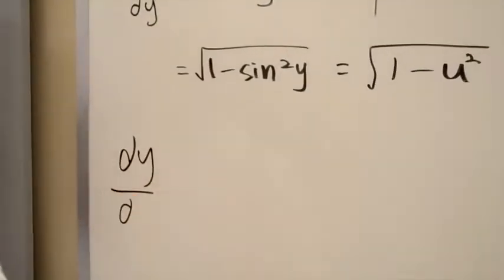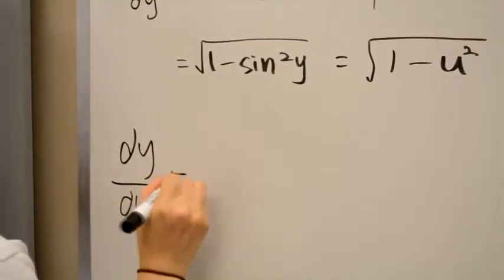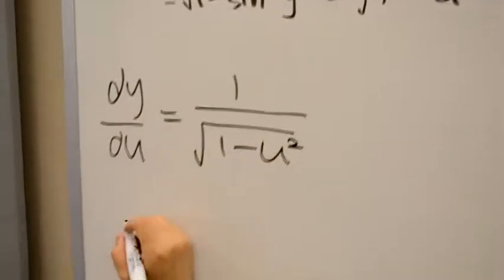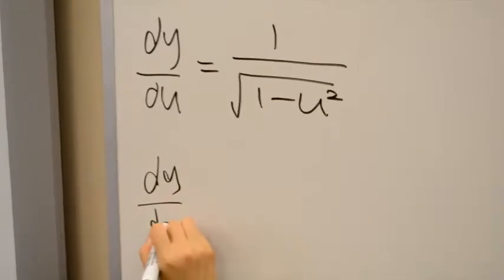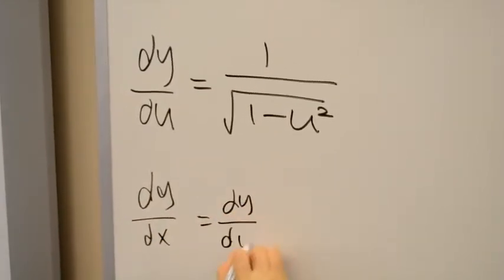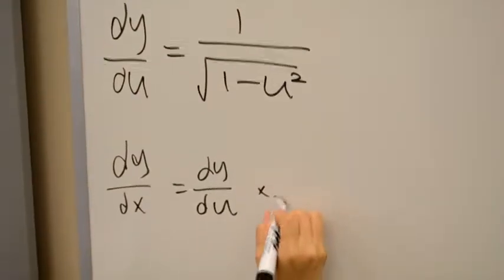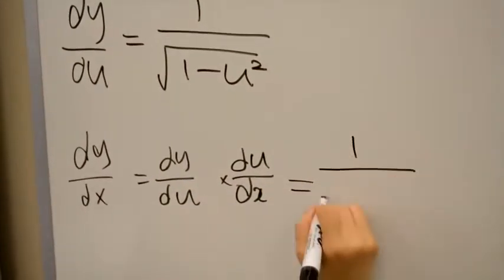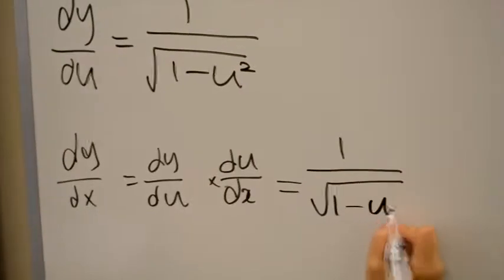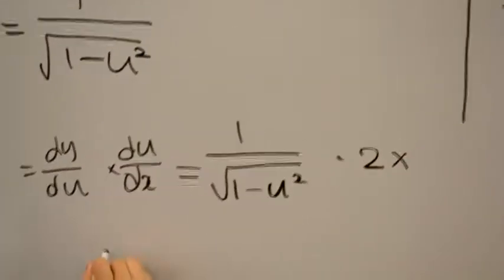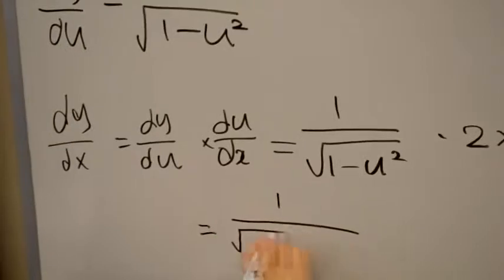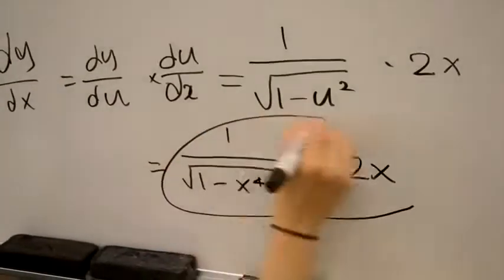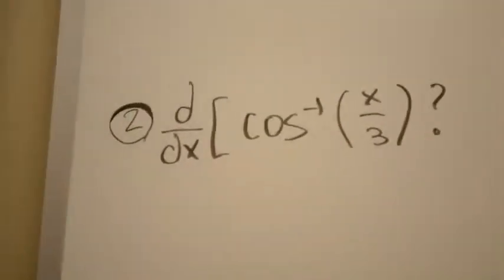So we can multiply dy/du, which is 1 over the square root of 1 minus u squared, by du/dx to get dy/dx, which will give us 1 over the square root of 1 minus u squared times the du/dx that we got, which is 2x, which is going to be 1 over the square root of 1 minus x to the 4 times 2x.